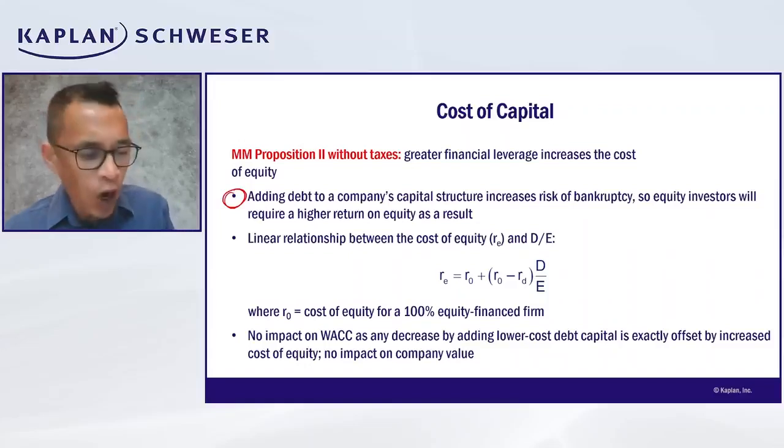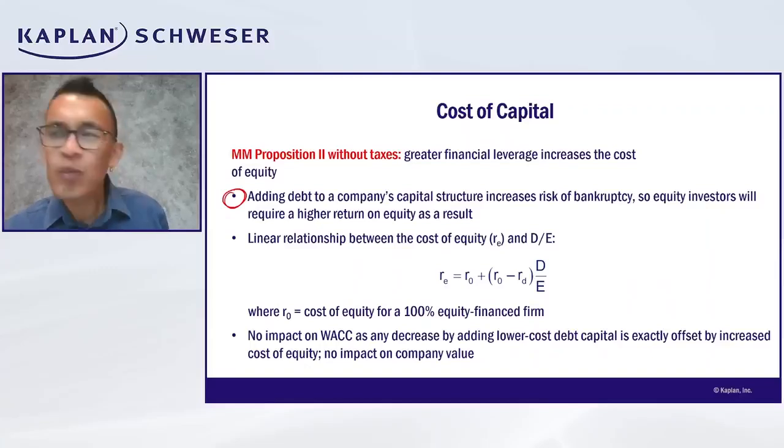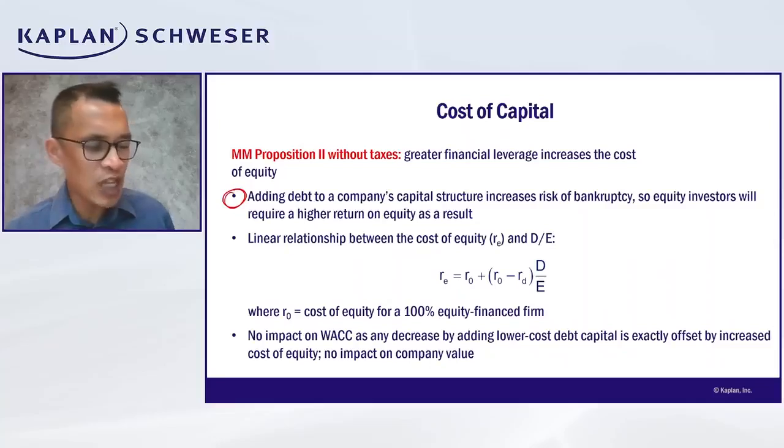So for now, with no taxes, what we do is we assume a linear and positive correlation between the cost of equity and the amount of debt in the capital structure, right? Which is the basic idea. Not exactly correct, but it is the basic idea. So in the absence of taxes, this would affect the cost of debt.